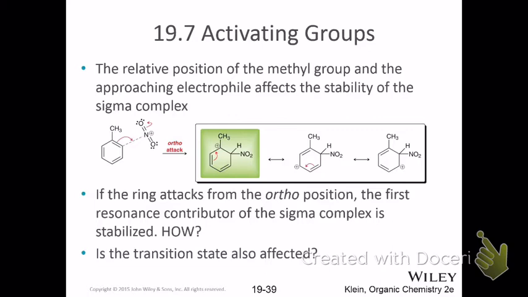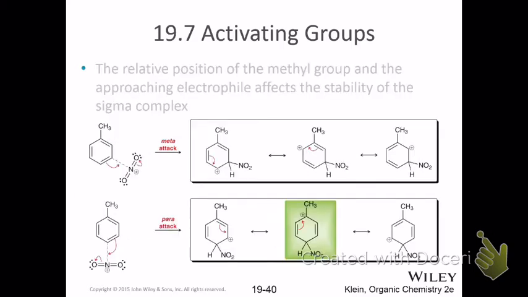So, does that mean that's the reason why it's more reactive than meta? We don't know yet. Because you have to draw meta and ask the same question. Okay? So just knowing that, oh, that's more stable, that's why it is, you also have to show that when it adds to the meta position or the para positions, that meta is different and para is the same. So here's the other two.